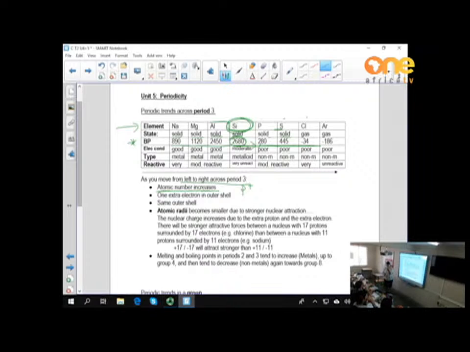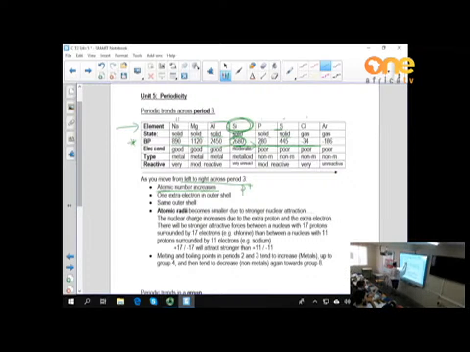Okay? The nucleus is positive. It attracts the electrons. Now, if I have a more positive nucleus, what's going to happen to the attractive force on the electrons? It's going to be stronger. Okay? But can it pull it out of its shell? No. Okay, so what we find, as we go across the periodic table, the atomic number increases.